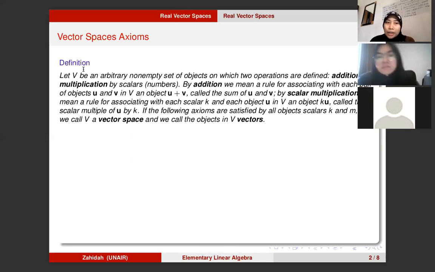Our set V here, we call a vector space if the 10 axioms are satisfied.